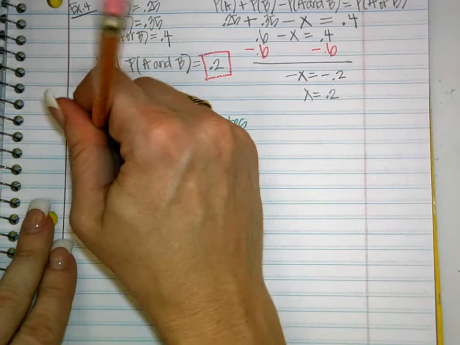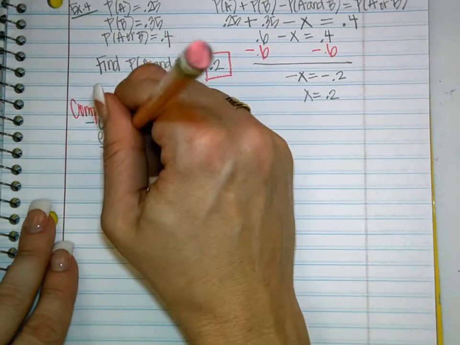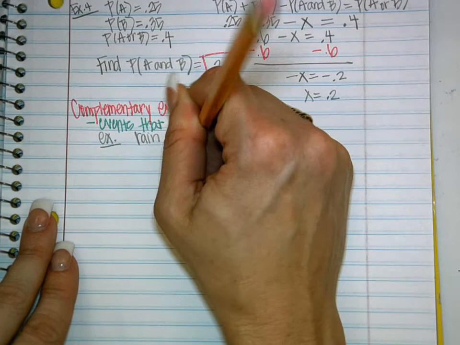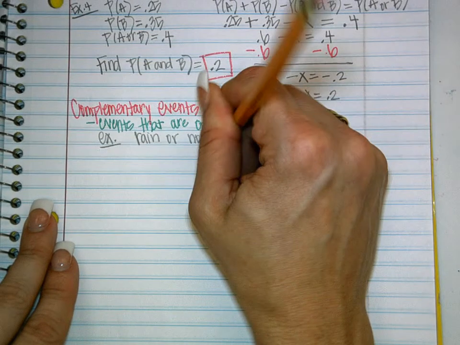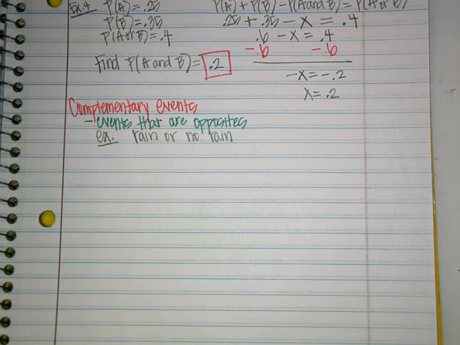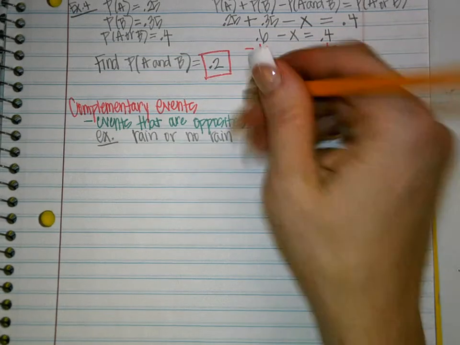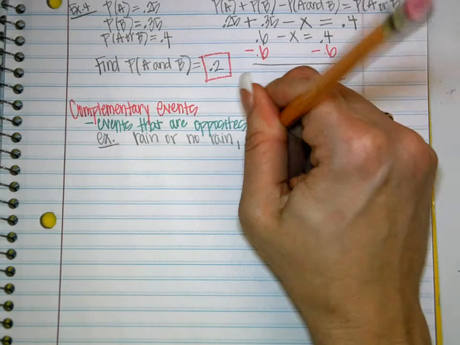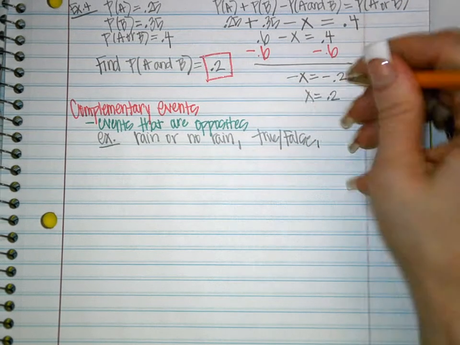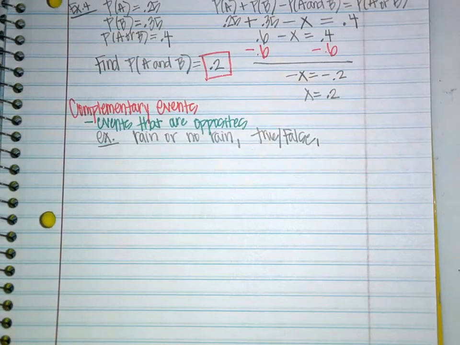An example of that would be something like rain or no rain. So the probability of rain or the probability of not raining. It's either raining or it's not. There's not any other possibilities. Being true or being false.